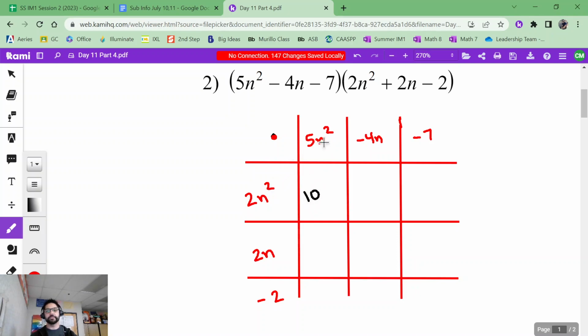N squared times n squared is n to the 4th power. 2 times negative 4 is negative 8. N squared times n is n cubed. 2 times negative 7 is negative 14. N squared tags along.